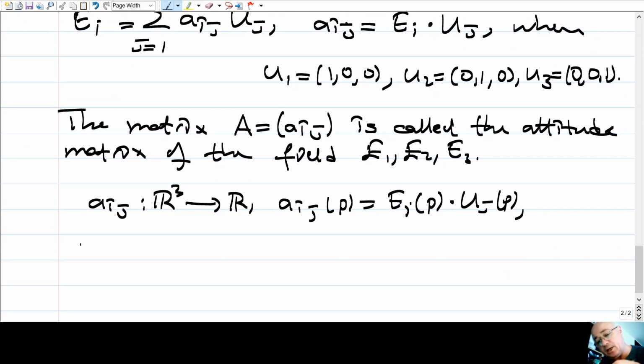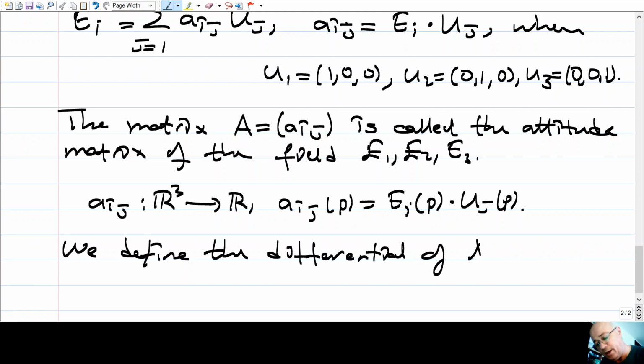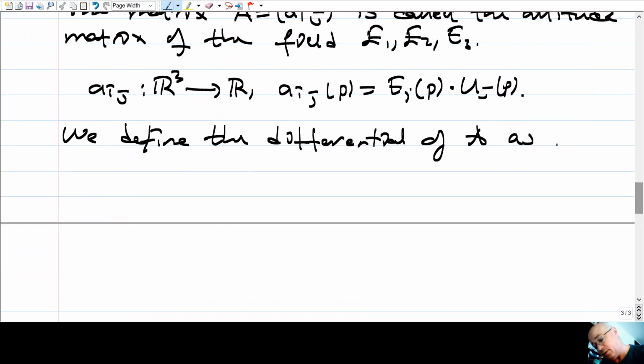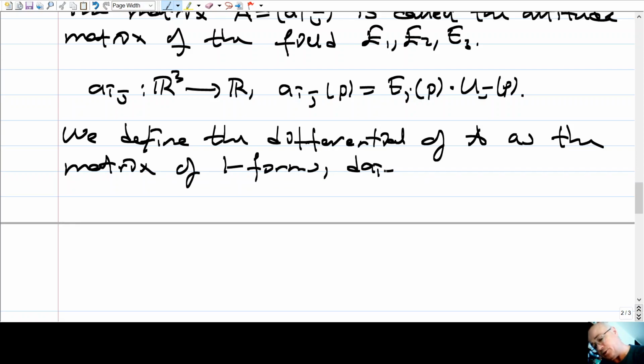Therefore, I can take their differentials. We define the differential of A as the matrix of one forms, namely the daij's.